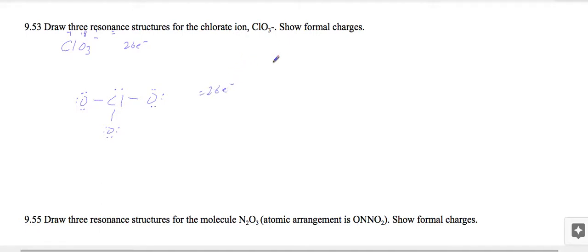But there is a problem with this, and this is where I can introduce formal charges in this video. If we look at the formal charges, oxygen has a formal charge of -1 here, -1 here, -1 here, and this has a formal charge of +2. Now all of these add up to the -1 that we're after, but we can come up with a lower value for the formal charges. If we put a double bond here, get rid of this, and we put another double bond somewhere else.